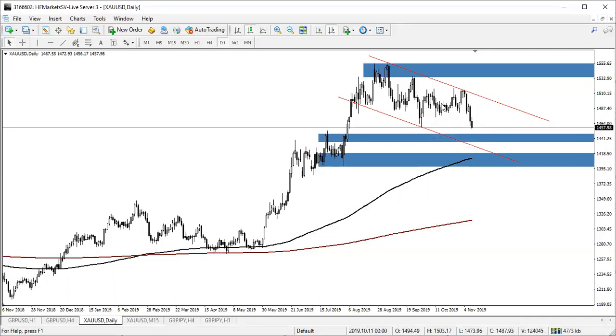So far market is creating higher lows, lower lows, and a bit of lower highs.